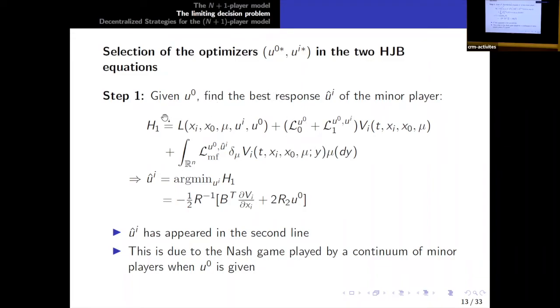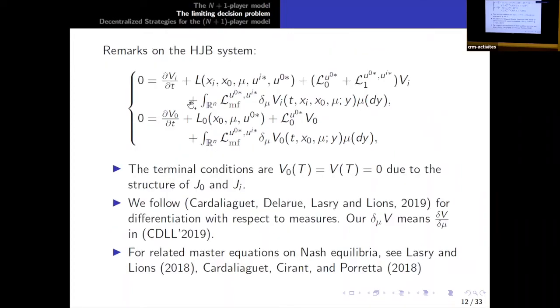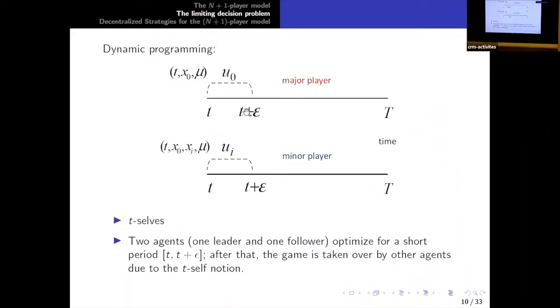Actually, we will carry out 3 steps regarding the optimizer in the 2 HJB or master equations. Given the action of the major player, here we consider a short period. For this short period, the leader takes the control U0.